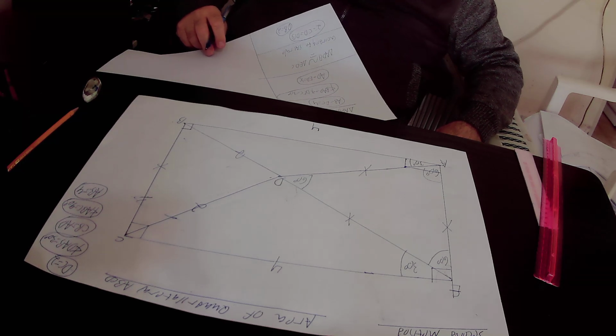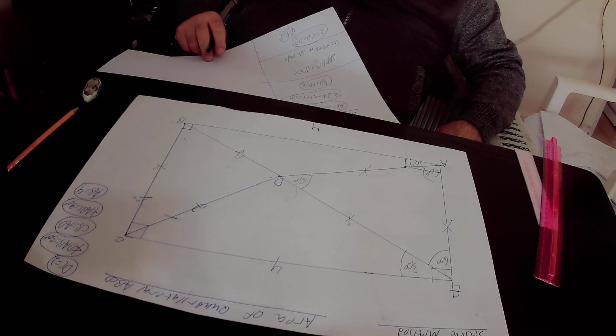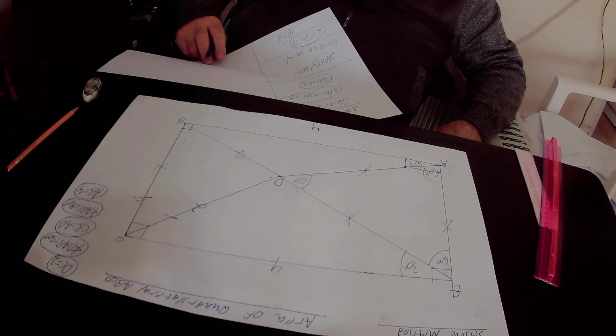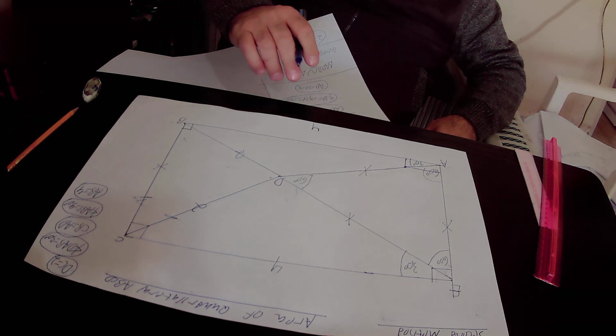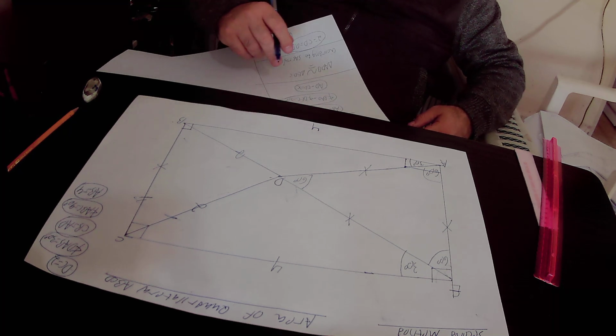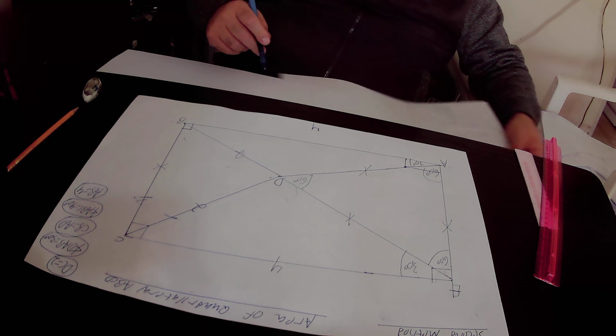So in the next step, we will implement the law of cosines in triangle ADB. I will copy triangle ADB onto a new page and we will implement the law of cosines in this triangle.